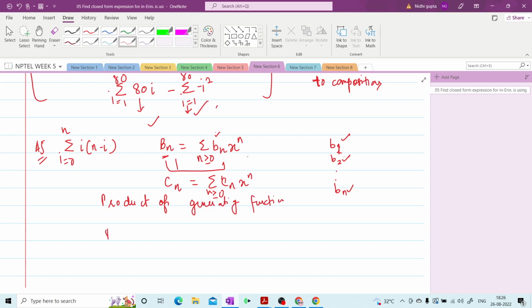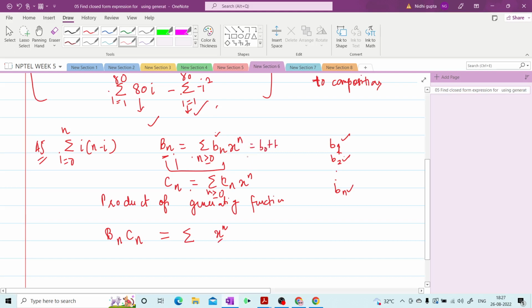If you want to write it as a power series, what should be the coefficient of x raised to the power n when you are multiplying these two power series? This power series is b0 plus b1x and so on, and this is c0 plus c1x plus c2x square and so on. So what is the coefficient of xn?